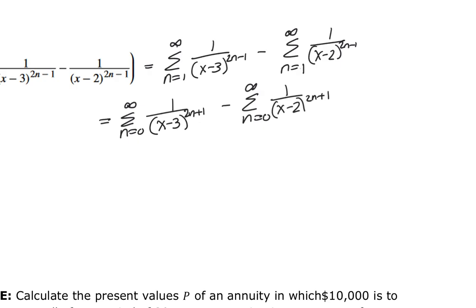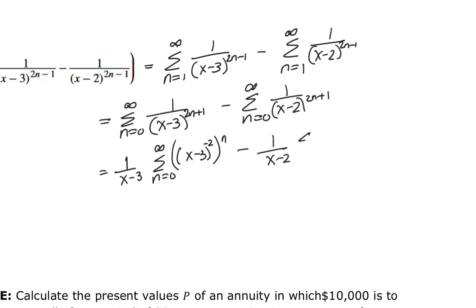And then, as before, 1 over x minus 3 will come out, the summation of n equals 0 to infinity of x minus 3 raised to the negative 2, raised to the n, minus 1 over x minus 2, the summation of n equals 0 to infinity of x minus 2 raised to the negative 2, raised to the n.